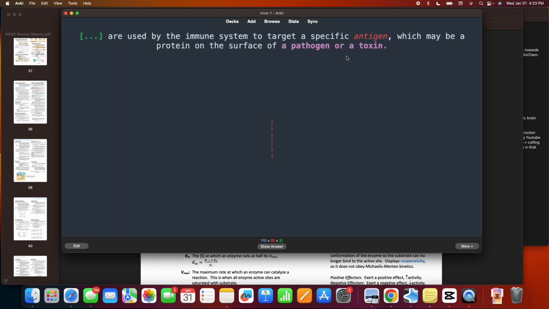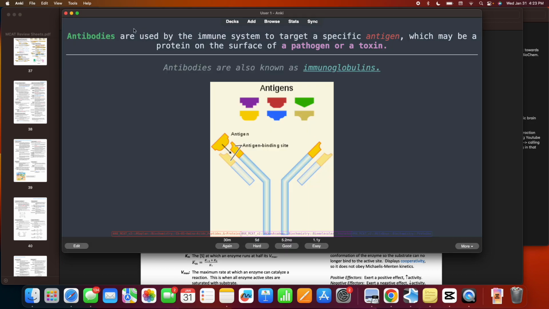But however, it's related still to proteins, so it might be chapter 1. Is this ligand? Antibodies. They're also known as immunoglobulins, Igs, these are antibodies.